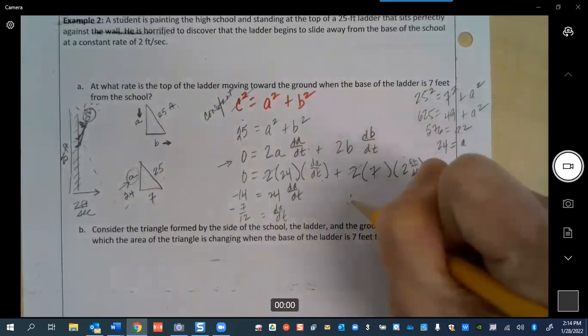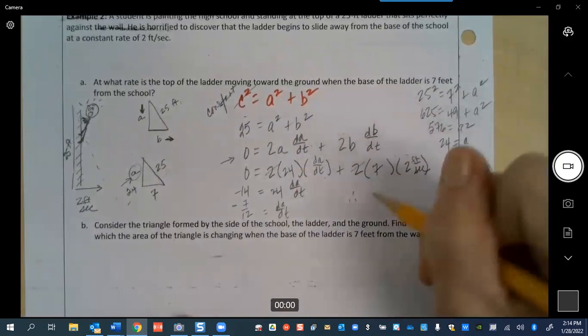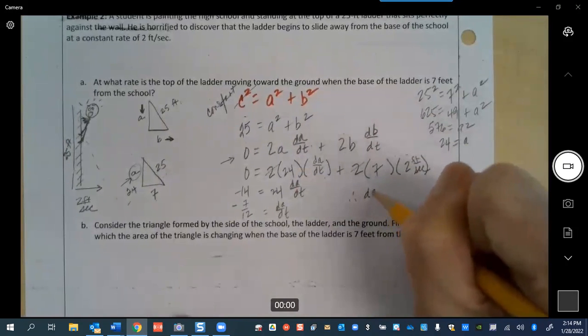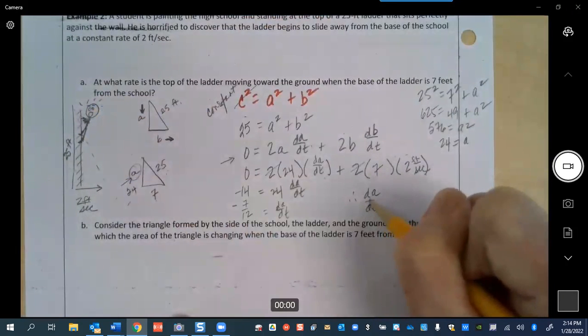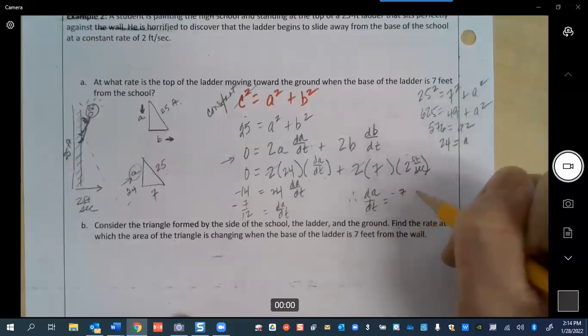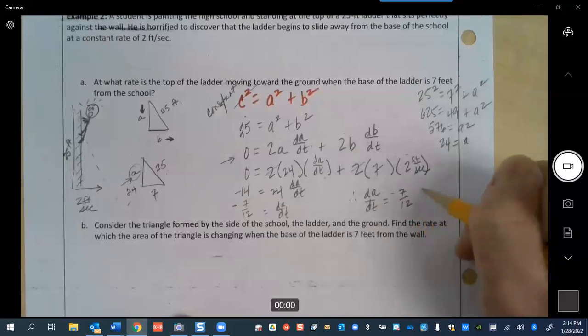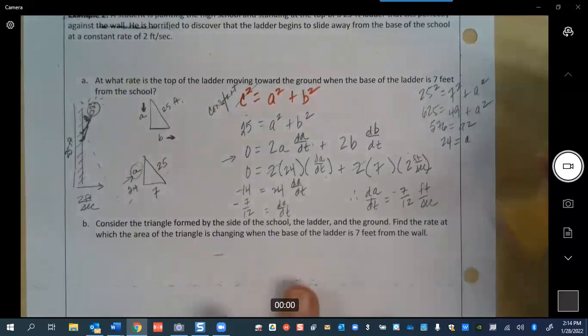So therefore, the little three dots symbol, therefore, means that the change in my A height with respect to time is negative 7/12 feet per second. Why is it negative?